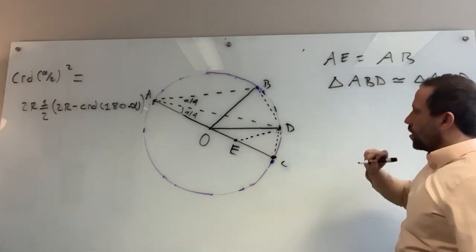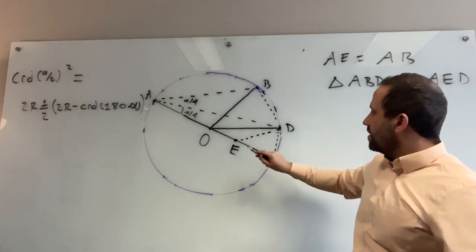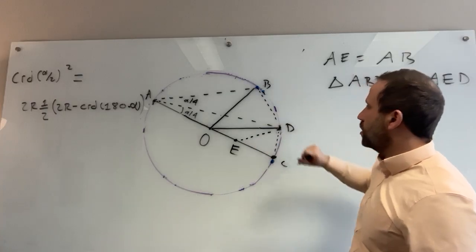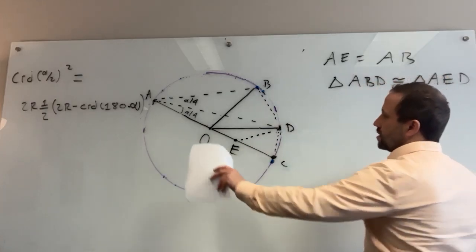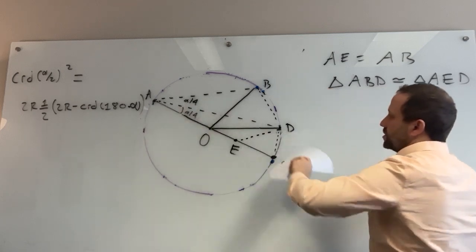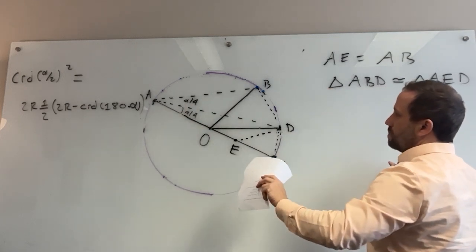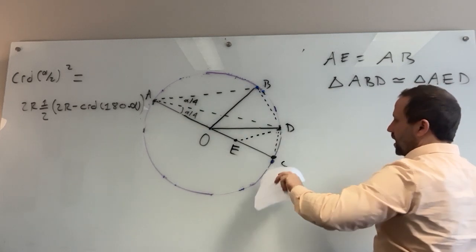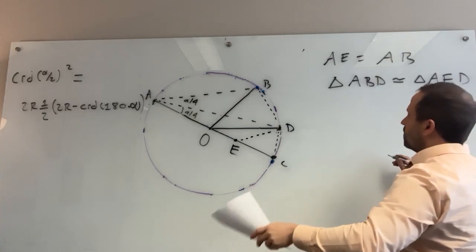Okay, and a consequence of that is that this bottom piece, DE, has to equal BD, because the leg AE is equal to the leg AB, and this leg AD is shared between them, so the third side on both triangles is BD and DE, respectively, and so they have to be equal to each other.